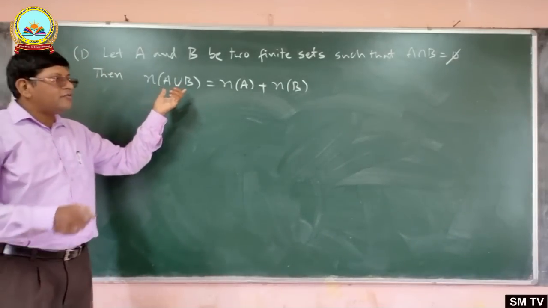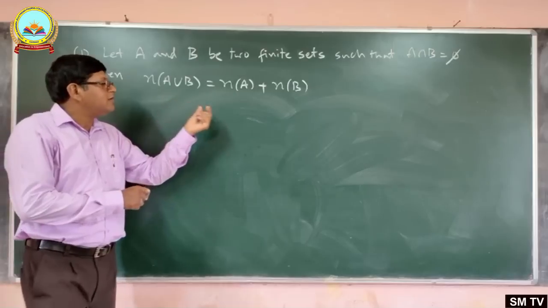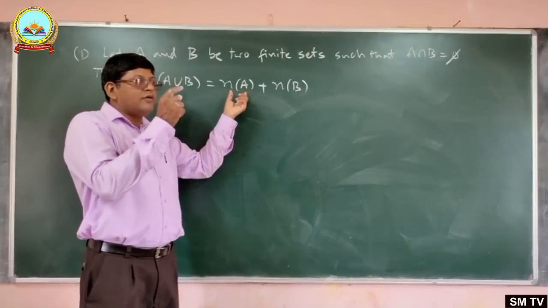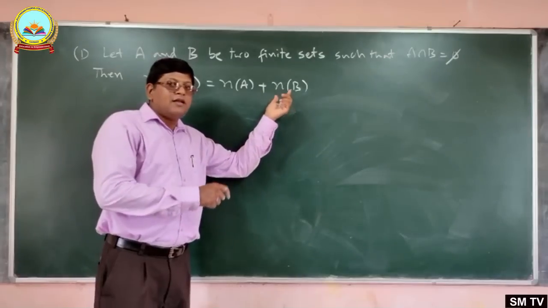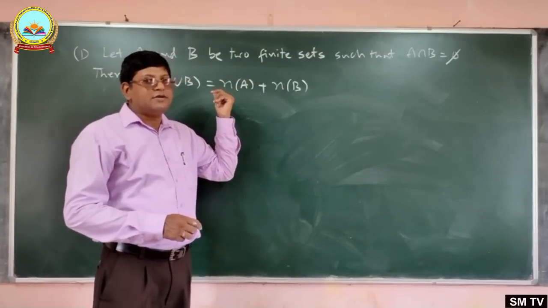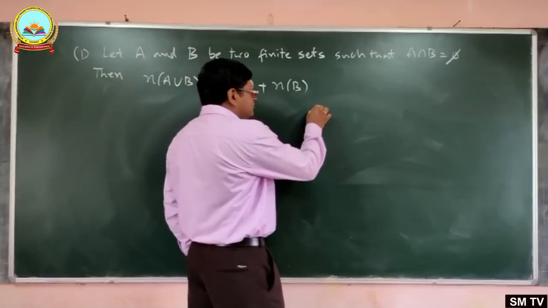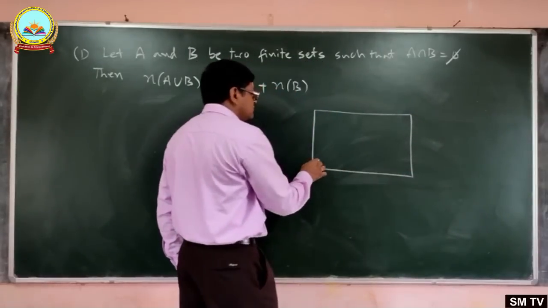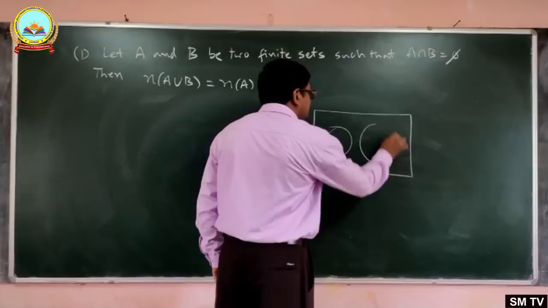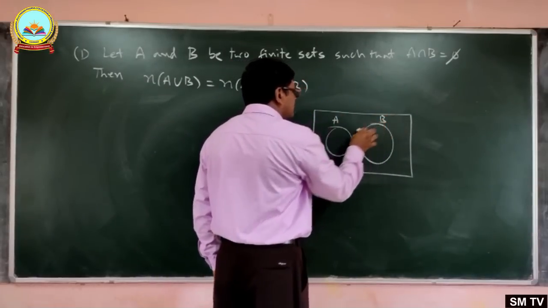That means number of elements present in the set A union B is equal to number of elements present in set A plus number of elements present in set B. Proof is very obvious from the Venn diagram. Here A and B are two disjoint sets. Okay.